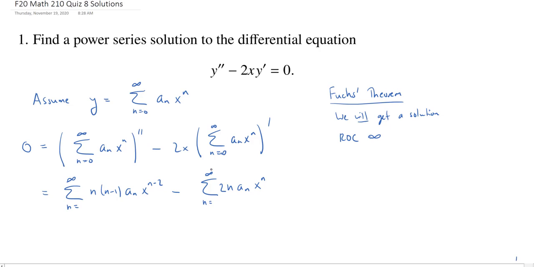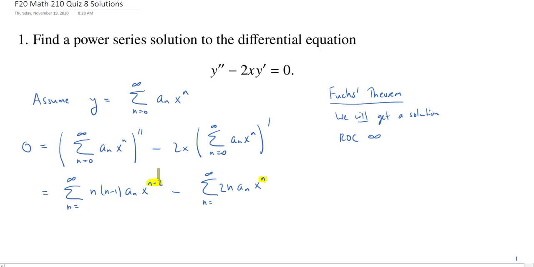All right. Now, in order to put these together, I would like to ensure that these exponents are the same. That'll make it a lot easier to put these things together. So what I'm going to want to do in this first one is turn this back into an x to the n, which means I need to replace all my n's with n plus 2's. Now, if I do that, then what's going to happen with this index?